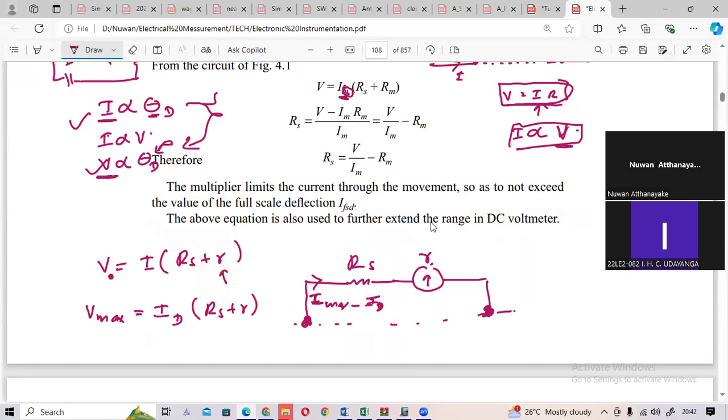So if you know RS and R, and you can calculate ID, you can calculate the voltage. That is very simple.